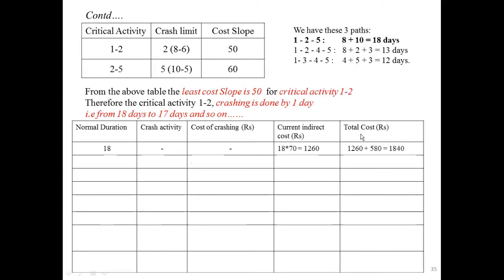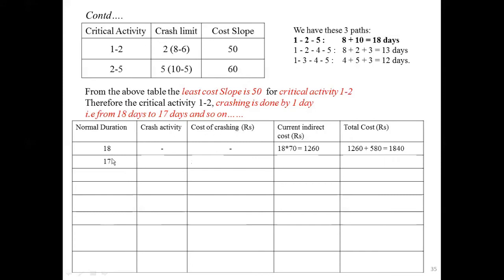Then the total cost is indirect cost plus the normal cost given, which for each activity totals 580. I get 1840 rupees. That means if we don't crash any critical activity, for a project duration of 18 days, you have to pay 1840 rupees.